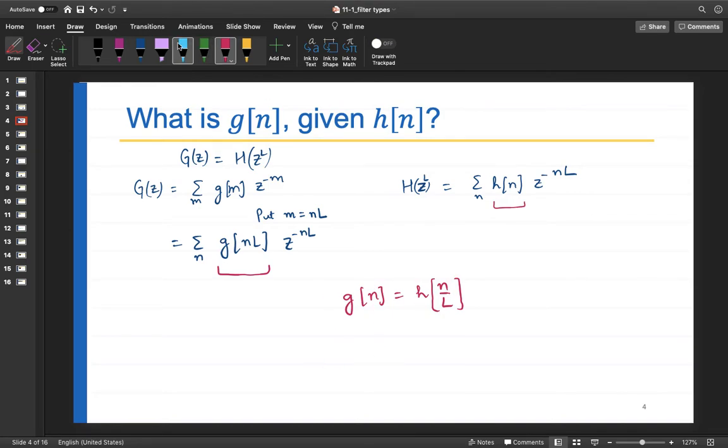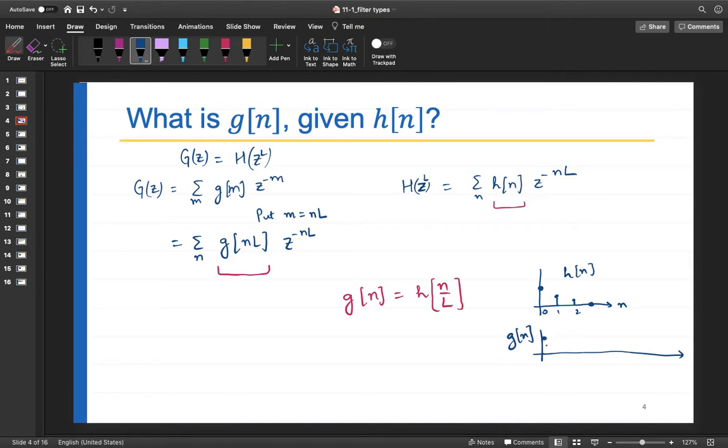So let us plot. How does it look like? If my h[n] is something like this, okay, so this is my h[n], so 0, 1, 2, and this is n. Now my g[n] will be something like this. So g[n], when n is 0, it is equal to h[0].